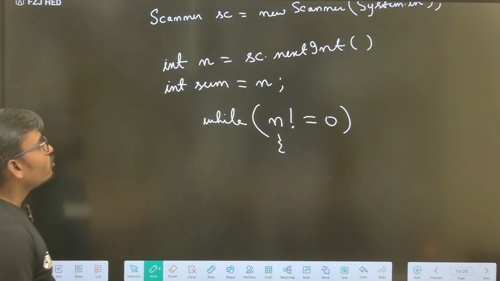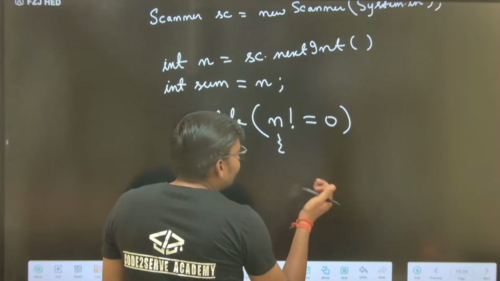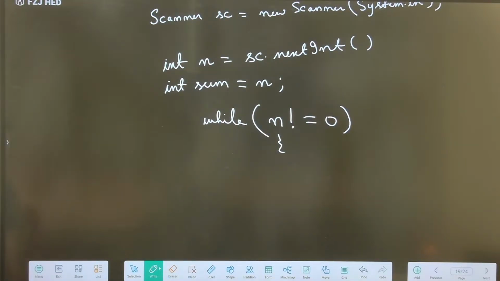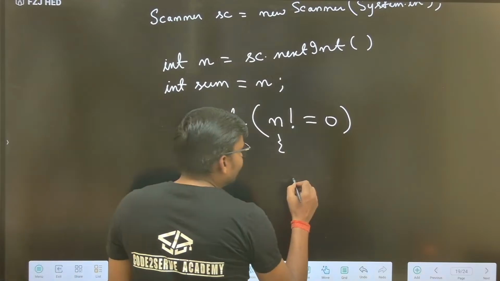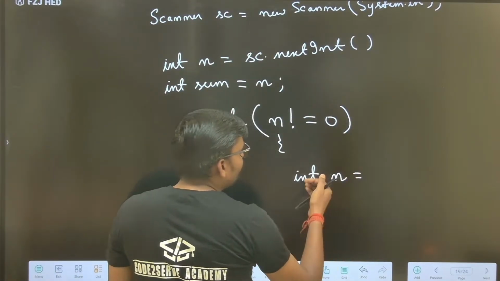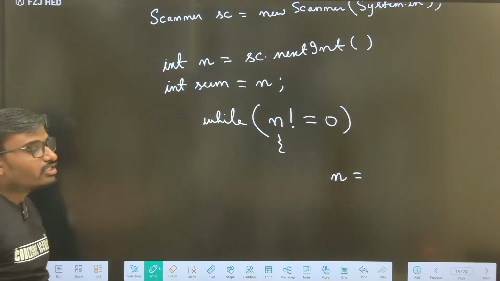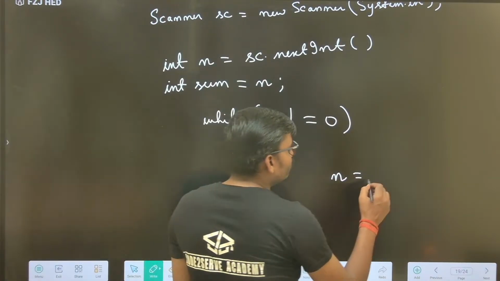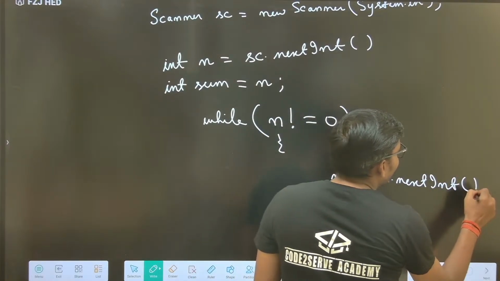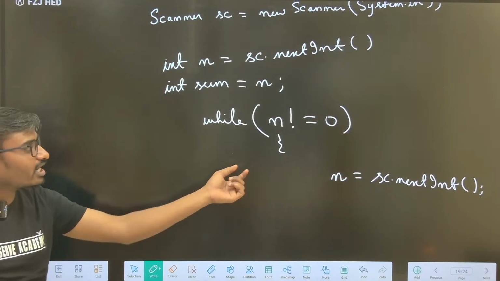Then we take the next number as input. We have already declared n, so we are not going to declare it again. We say n is equals to sc.nextInt(). Here we again took the input.